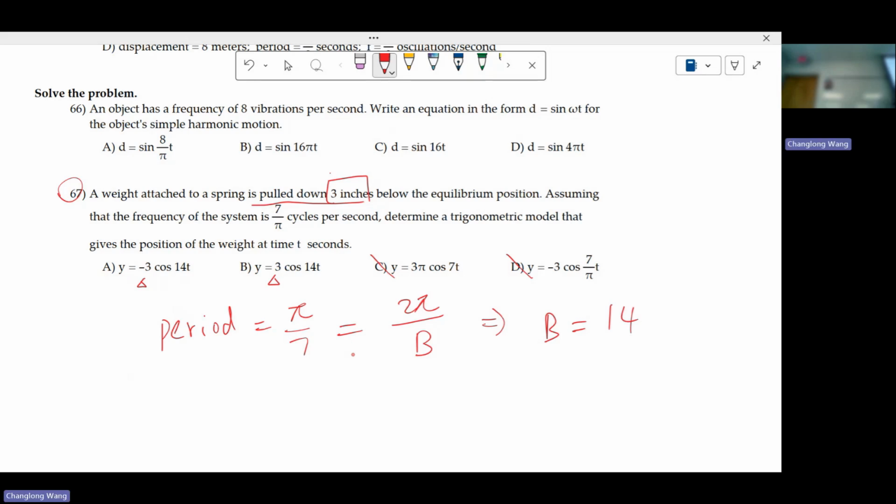You're going to get negative 3, the negative initial position, right? If the question said that the object was lifted 3 inches above the equilibrium position and then released, then you'd be looking at letter B. So the initial position does make a difference.